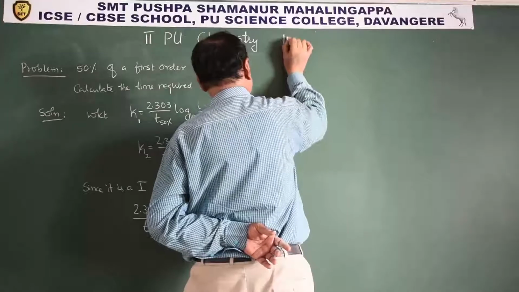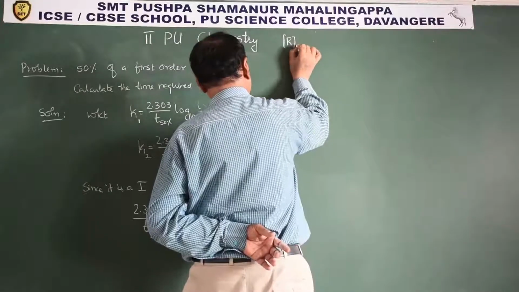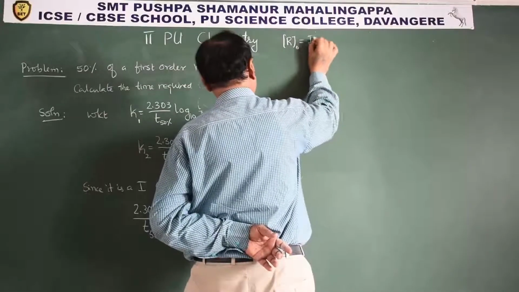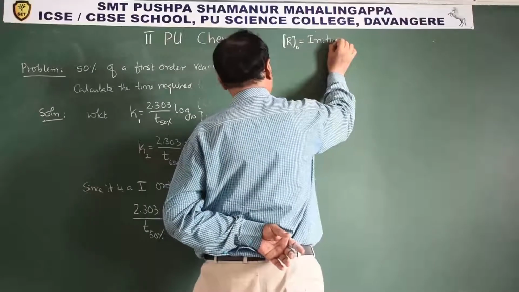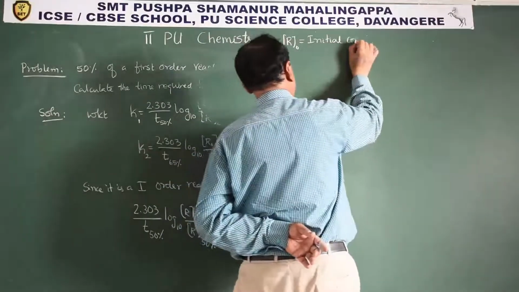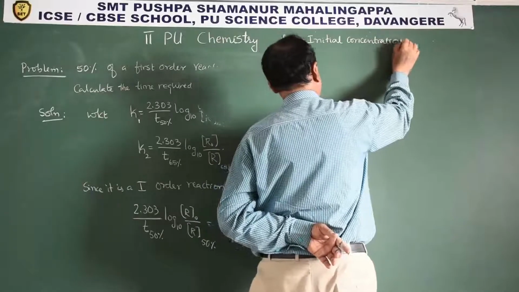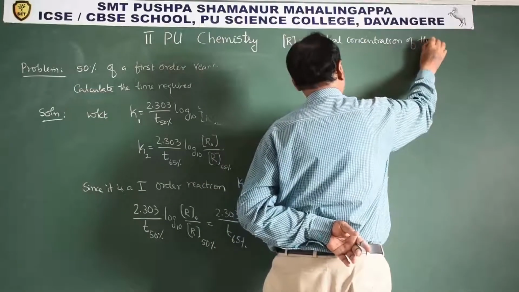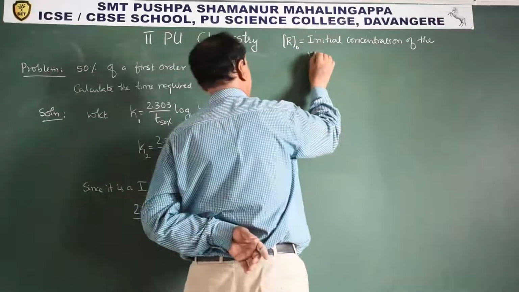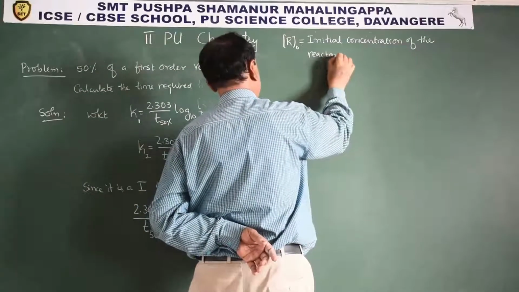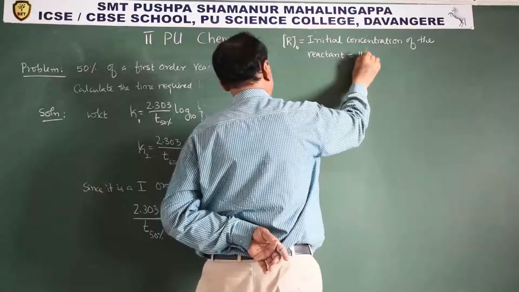R naught is the initial concentration of the reactant, that is 100 units.